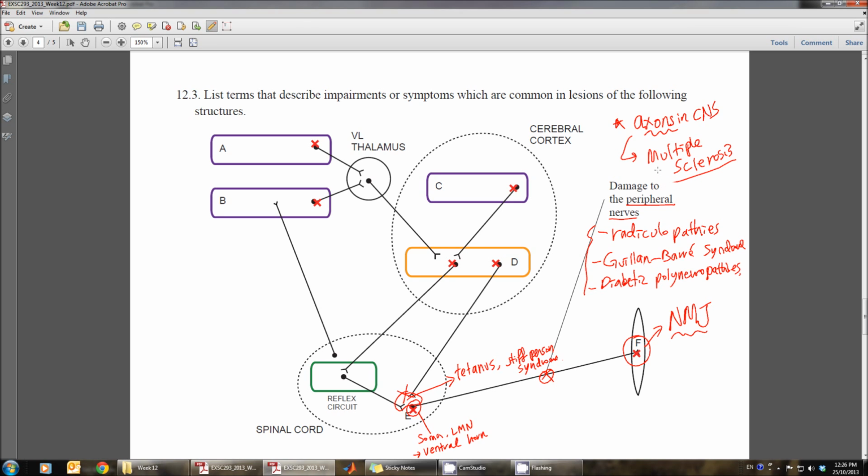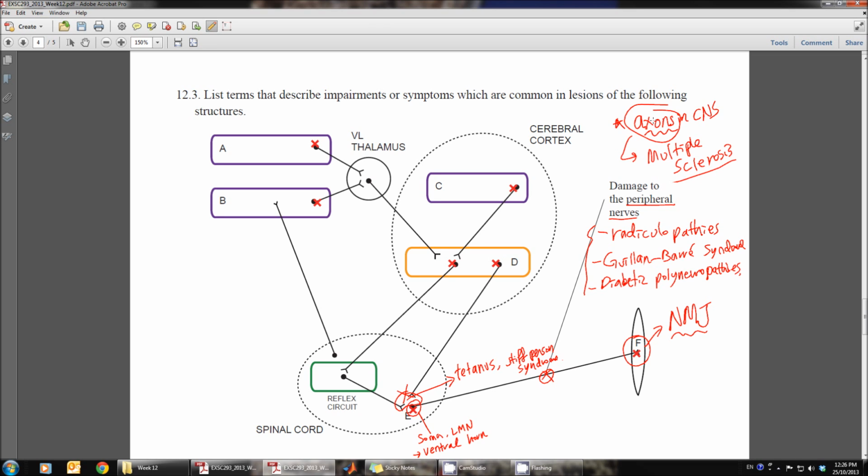In other words, multiple sclerosis can occur in any area in the CNS, so it can affect cerebellar function, the basal ganglia, the cerebral cortex or the spinal cord. So it really depends on the individual patient's case. The symptoms can vary.